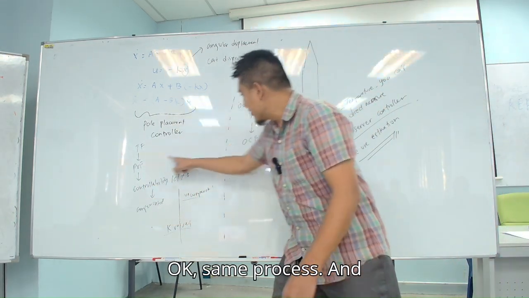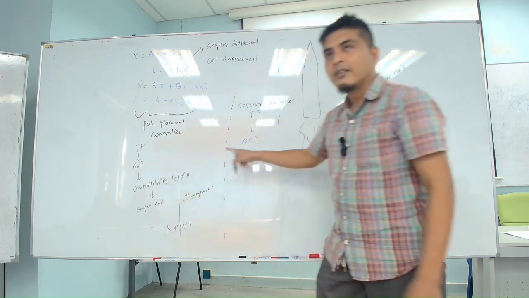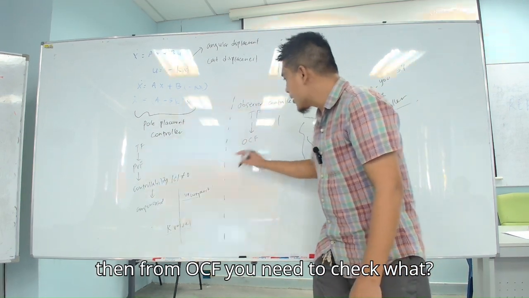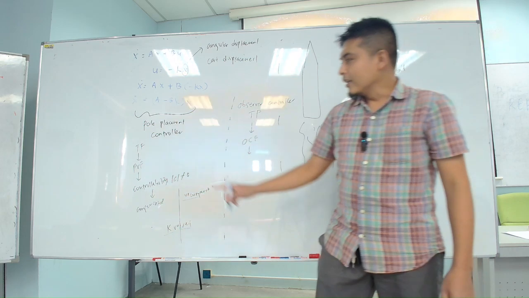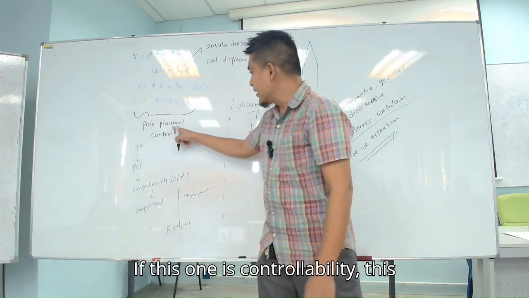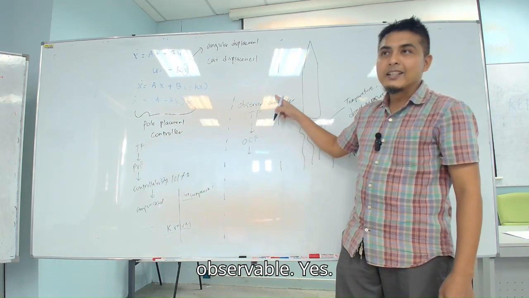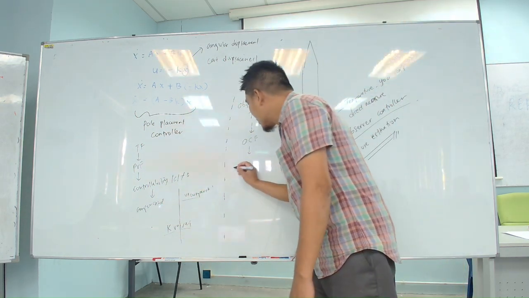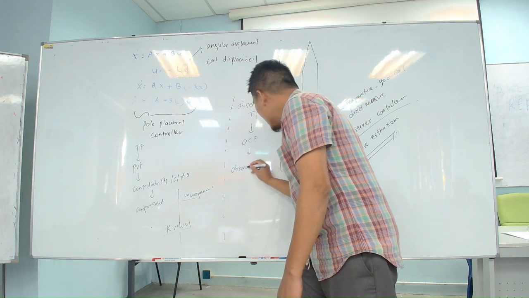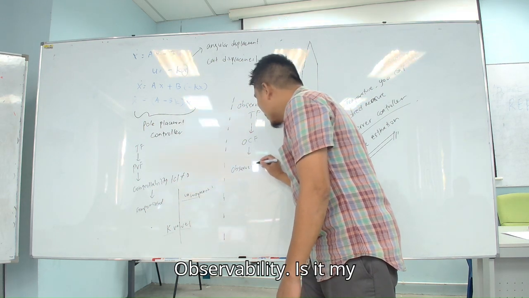Same process, right? And then from OCF, you need to check what? If this one is controllability, this one we name as observability.